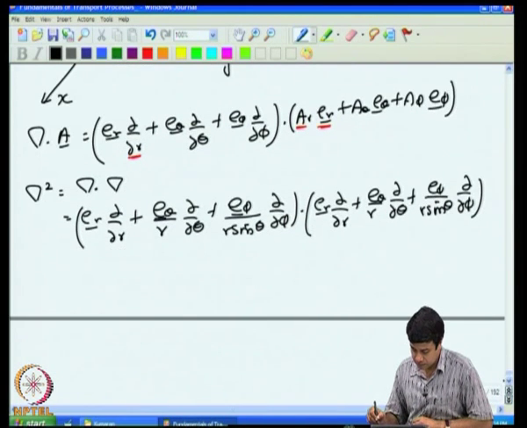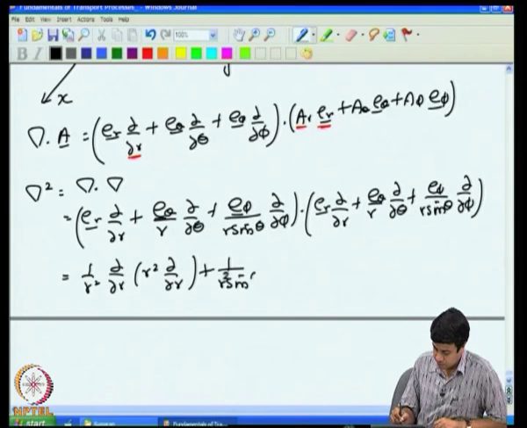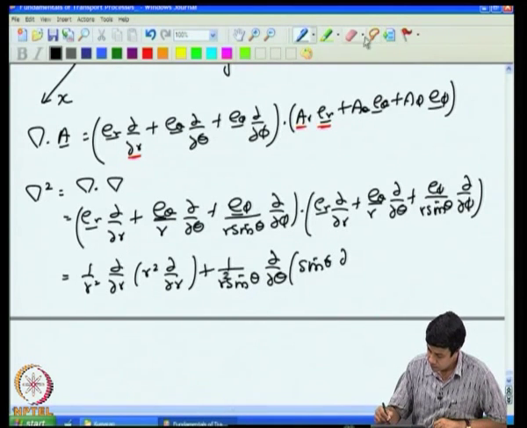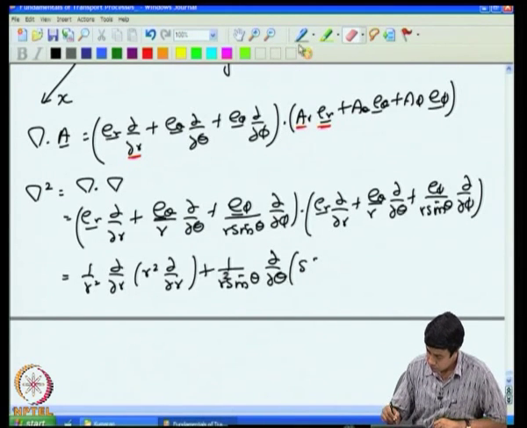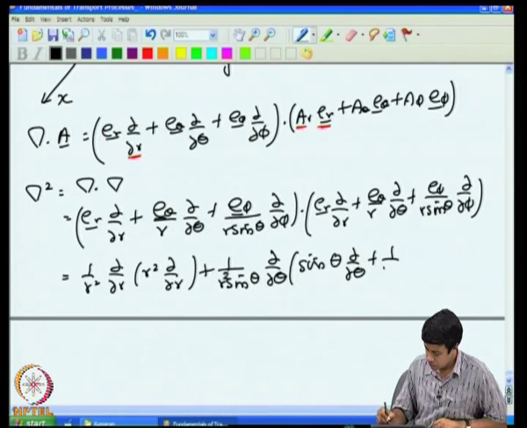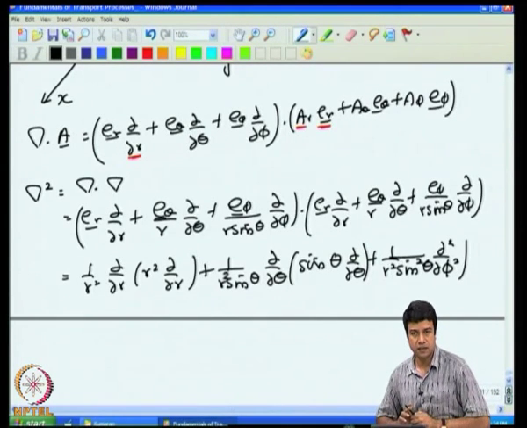And if you take the derivatives of the unit vectors, you will end up with 1 over r square d by dr r square ... So, this is the Laplacian operator in a spherical coordinate system.